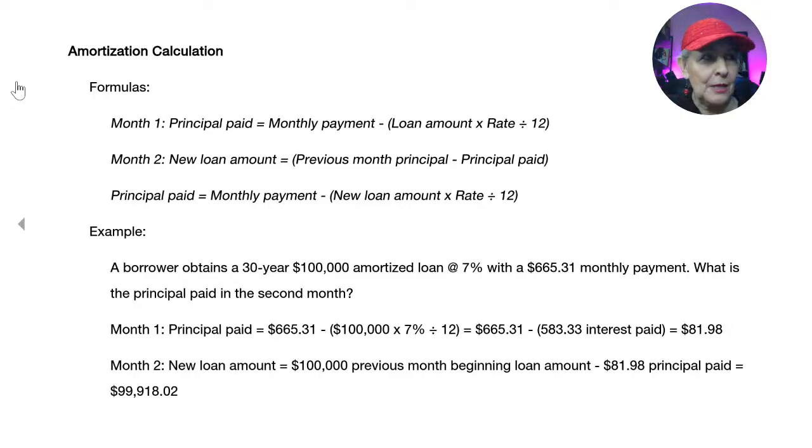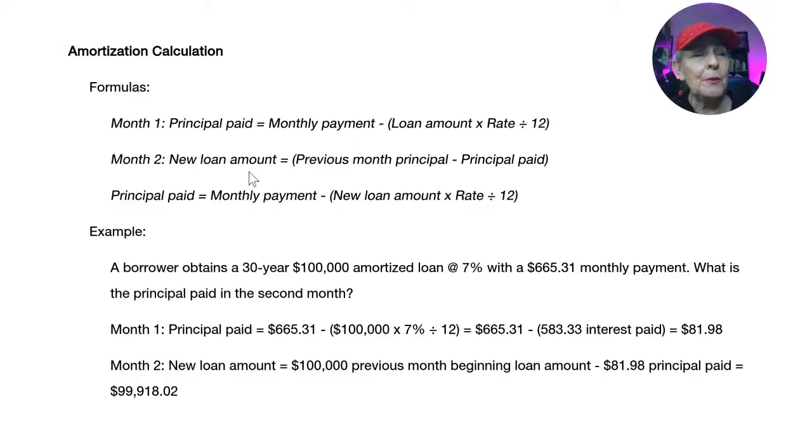Amortization schedule calculation, pardon me. Formulas. Month 1, principal paid equals monthly payment minus loan amount times rate divided by 12, right? Because the rate is what? The interest. Month 2, the new loan amount after they subtracted that monthly payment of principal. So the loan keeps reducing every month by a little bit.